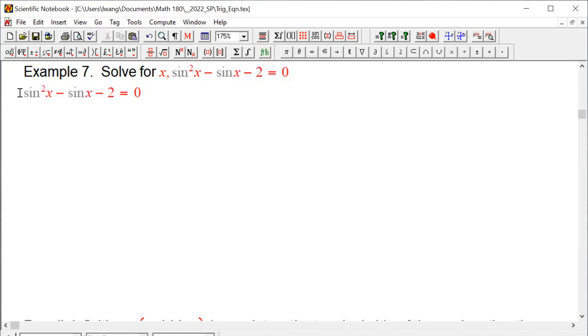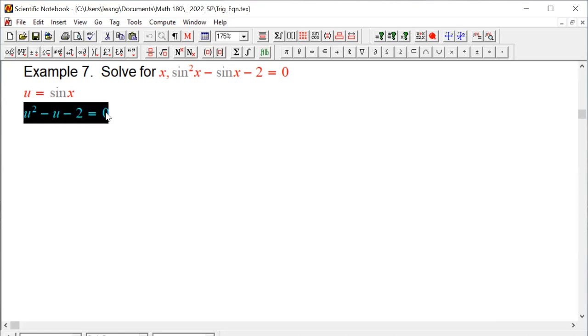To solve this equation, first we introduce u equals to sine x. Now this is u squared minus u minus 2.